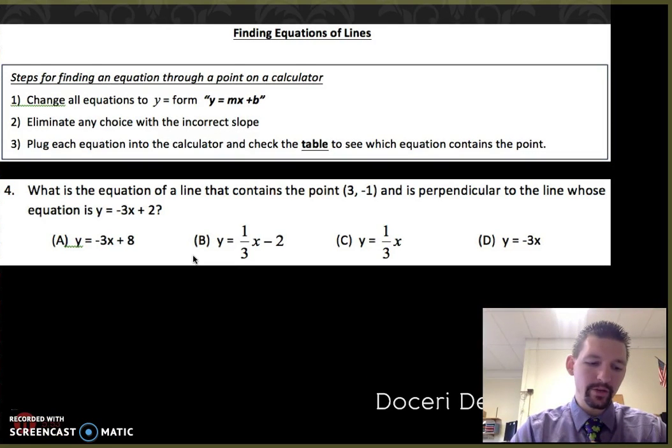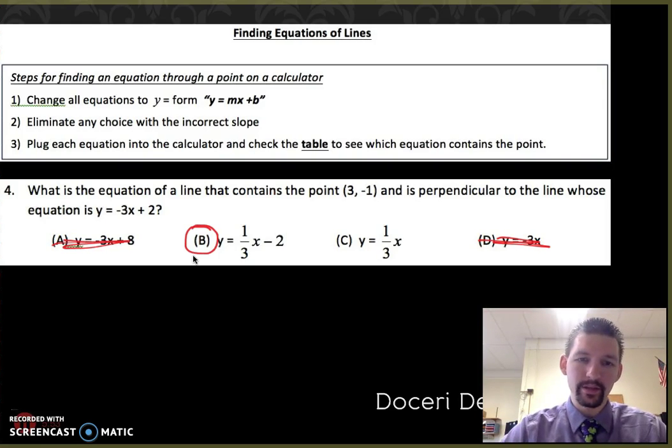We can eliminate choice A, we can eliminate choice D, and when we look at our table, we will find that B is the correct solution because it will contain the point -3, -1.